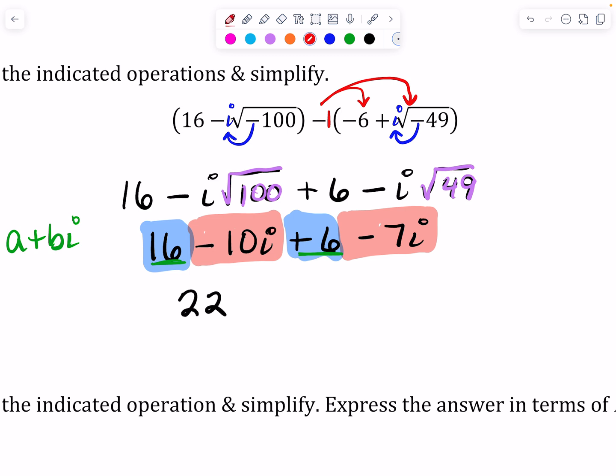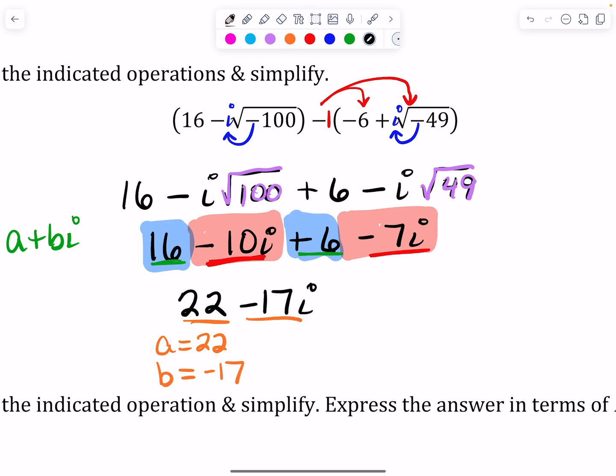And then we have negative 10i minus 7i, which gives us negative 17i. So if we were looking at this, a would equal 22 and b would equal negative 17. Now, if we're not asked for a and b separate, this would be our final simplified answer.